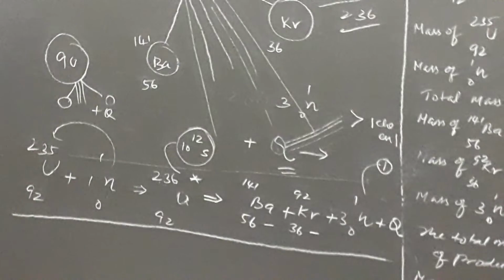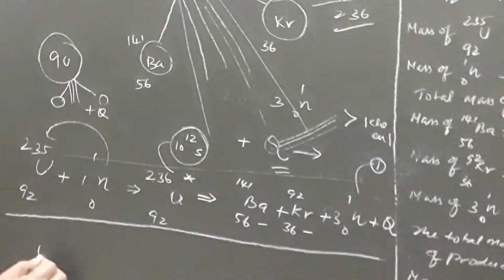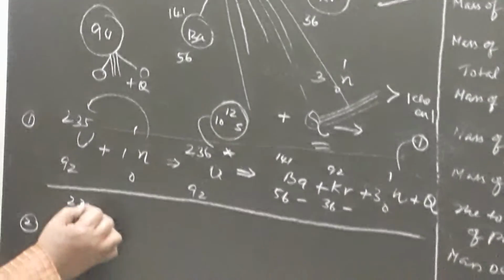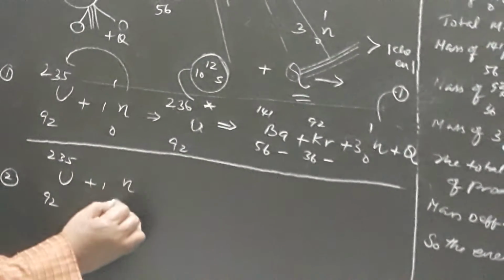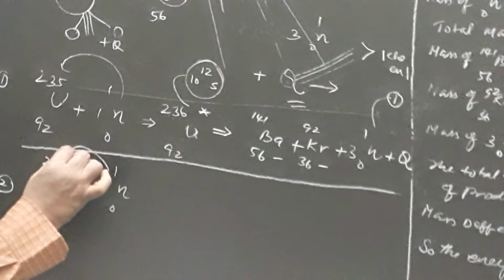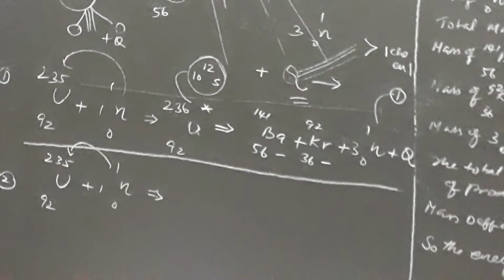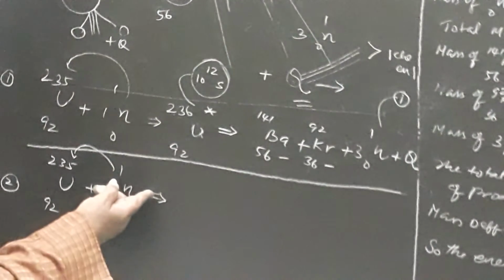Then another method also happens. The second method: uranium 92-235 is impacted with 1 neutron. What happens here?